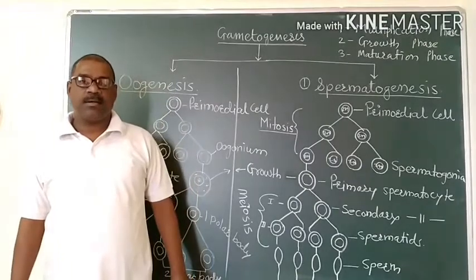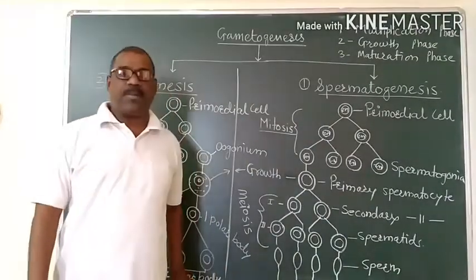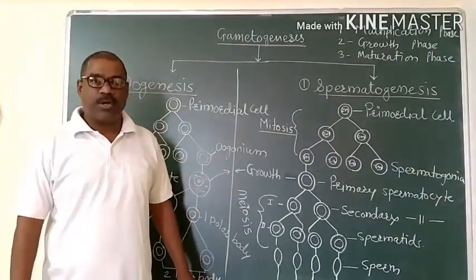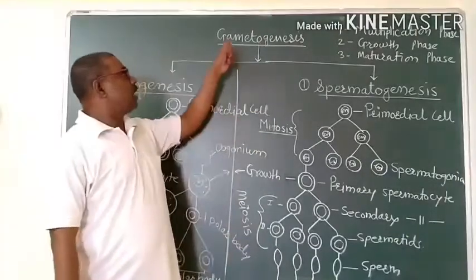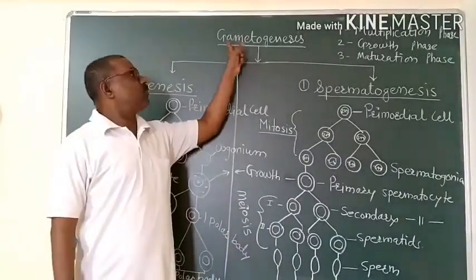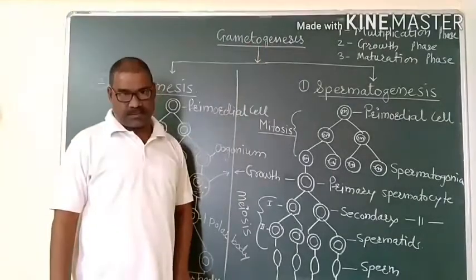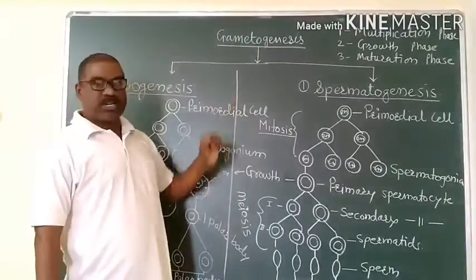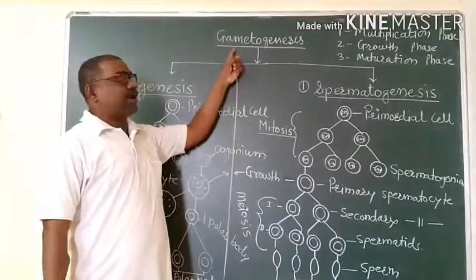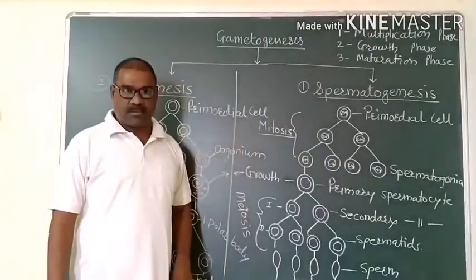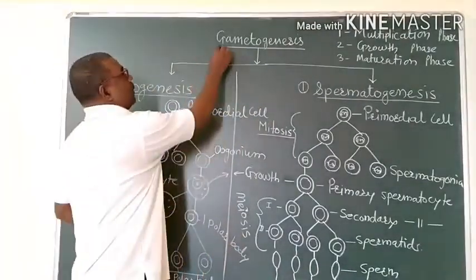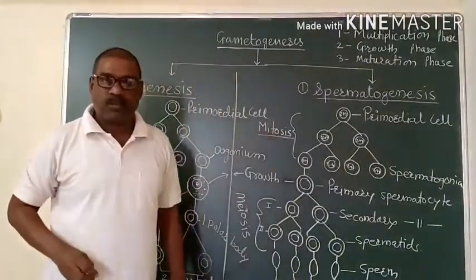Good morning. This is the fifth lecture of topic reproduction. Today we discuss the process of gametogenesis. Here, the first question arises: what is meant by gametogenesis? You know very well about the gamete.